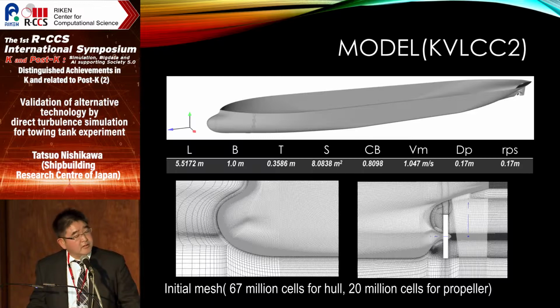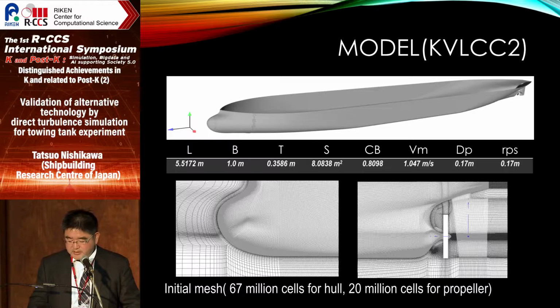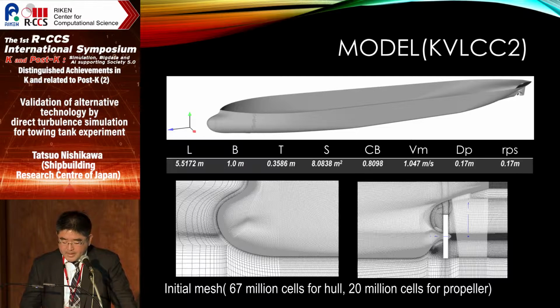The first computational model was KVLCC2, which is a famous marine CFD benchmark ship. The computational grid is composed of all hexahedral cells, and the initial mesh is designed in order to resolve the target boundary layer, refining 3 times.